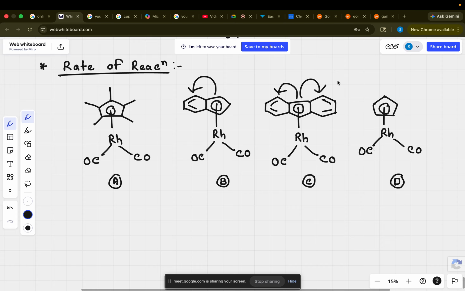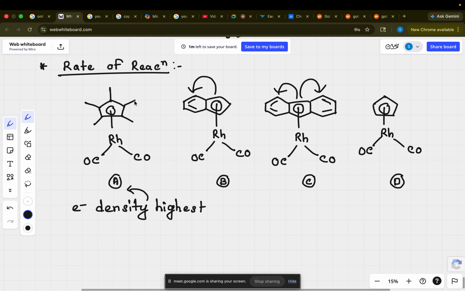So basically, if you see the electron density, the electron density is highest in compound A. Why?